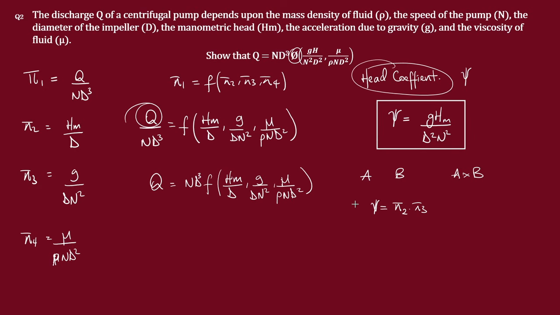So you can make the assumption that, given that the head coefficient phi is equal to g times h of m over d squared n squared, we can convert pi 2 and pi 3 to a singular dimensionless pi group, and therefore show that q is equal to nd cubed as a function of g h of m over d squared n squared, since we're multiplying the two pi groups together, and also a function of the dynamic viscosity over rho n d squared.